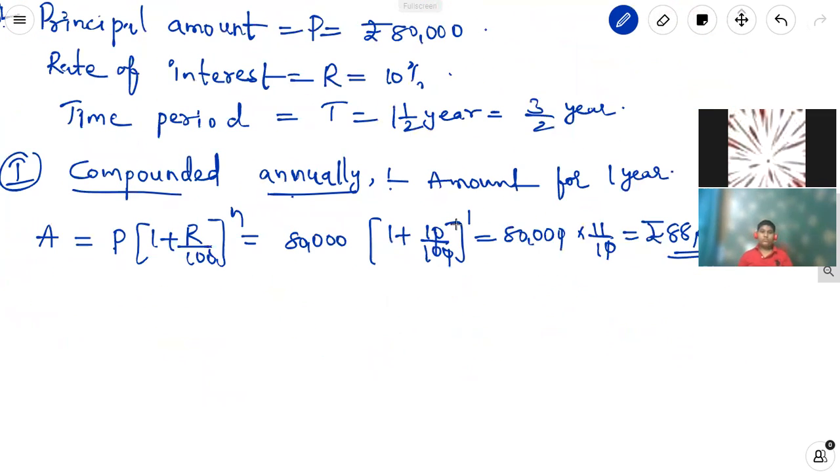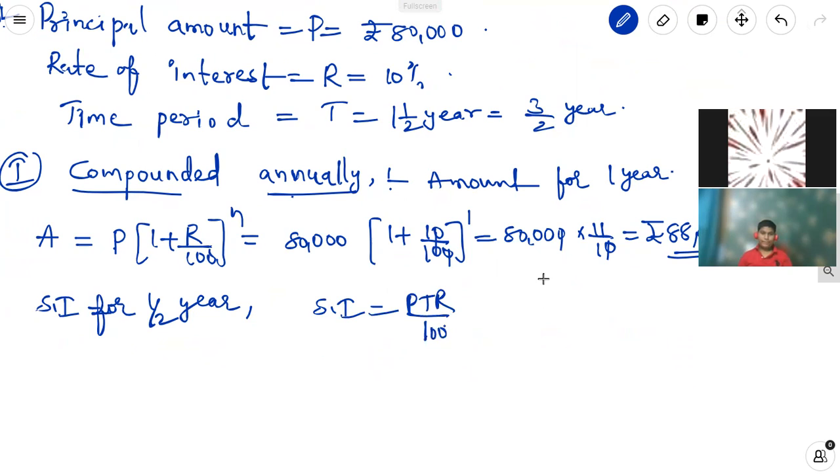Next, we can calculate the simple interest for half year. That is, simple interest is equal to PTR by 100. Here, the 88,000 becomes the principal amount after 1 year. Time period is half year, that is 1/2.